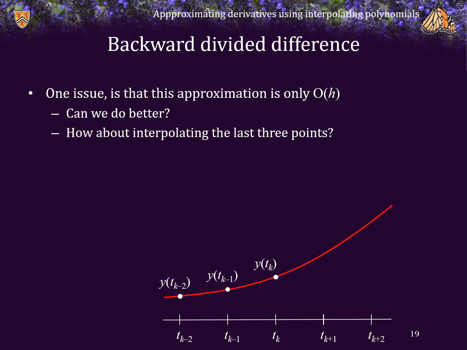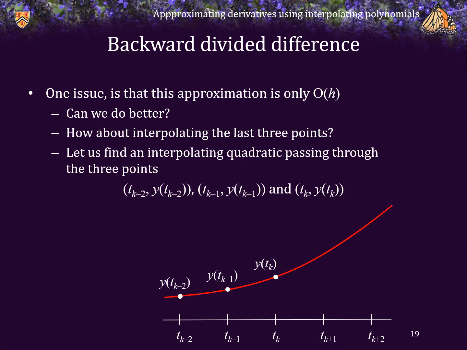Well, how about interpolating these 3 points with a quadratic polynomial, differentiating that polynomial, and then evaluating it at that right-hand point. So we're going to find an interpolating quadratic that passes through these 3 points. But again, that's going to lead to a very ugly Vandermonde matrix.